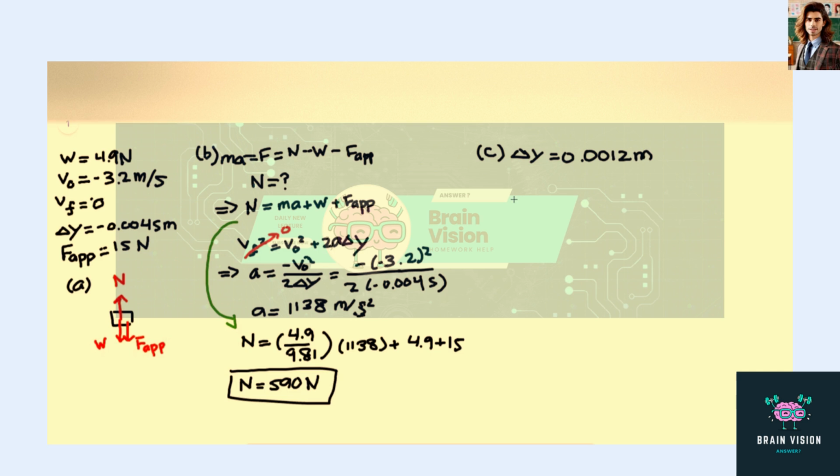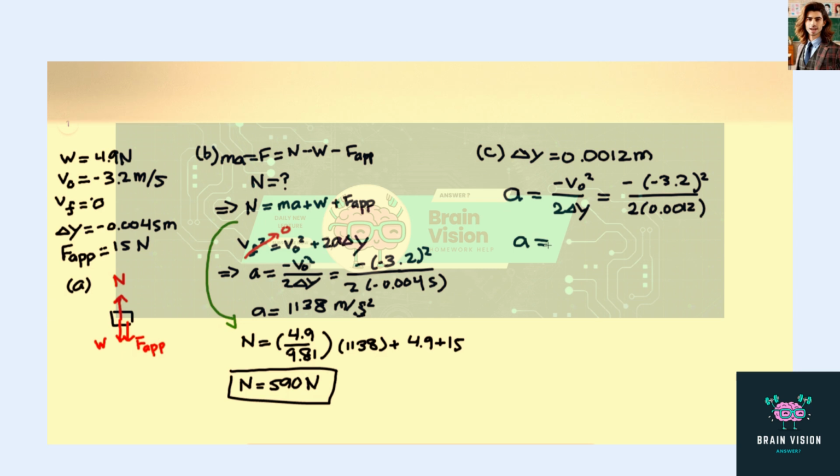We use the same equation that we just derived, the one with the acceleration and 2 delta y. The velocity is still the same, but the displacement is different. So plug that in here.